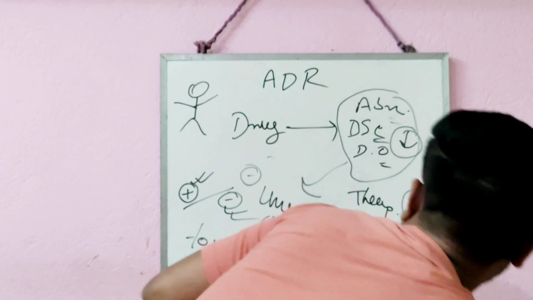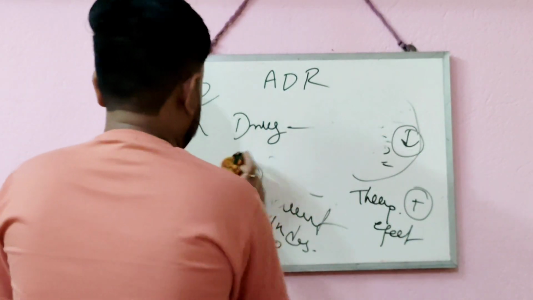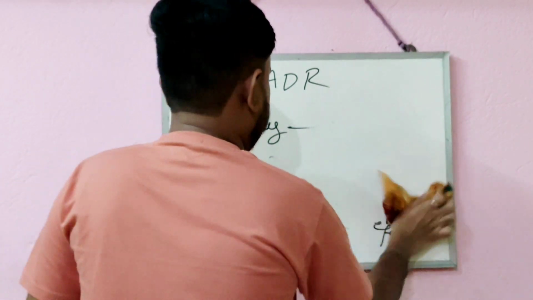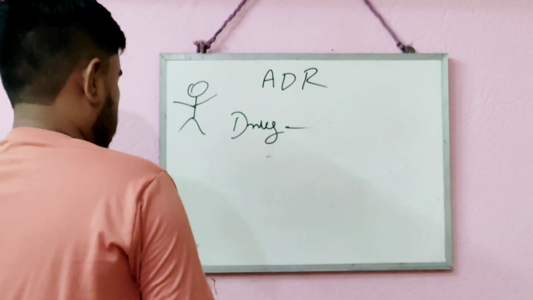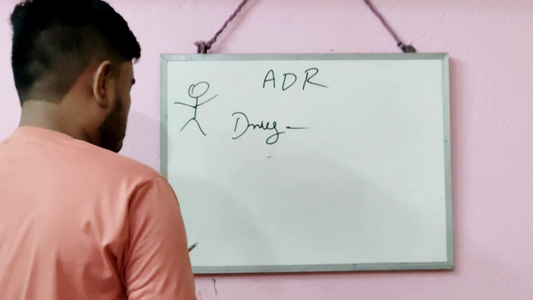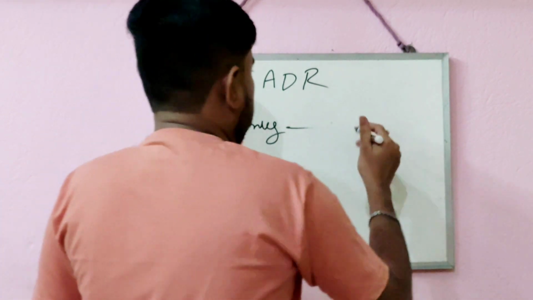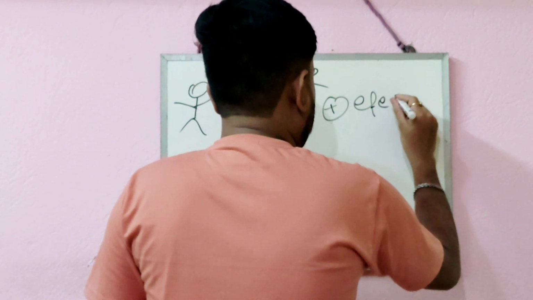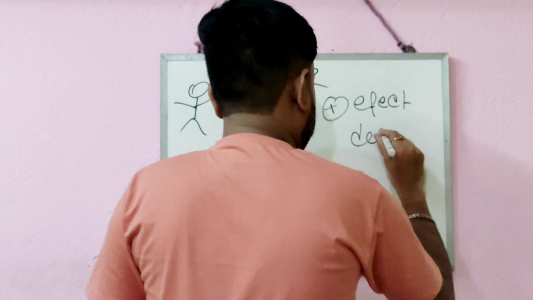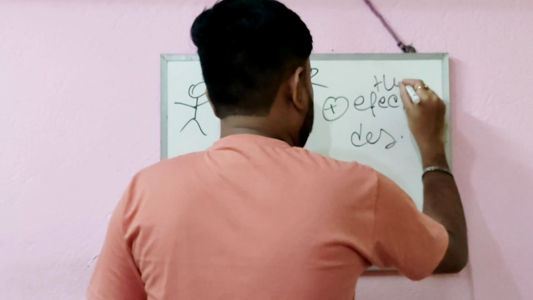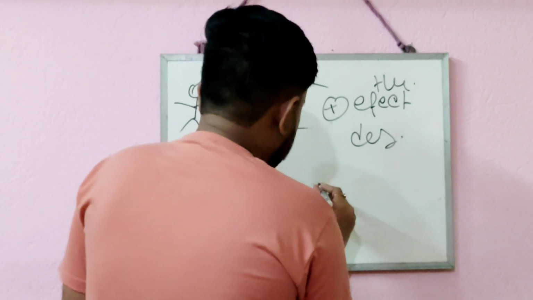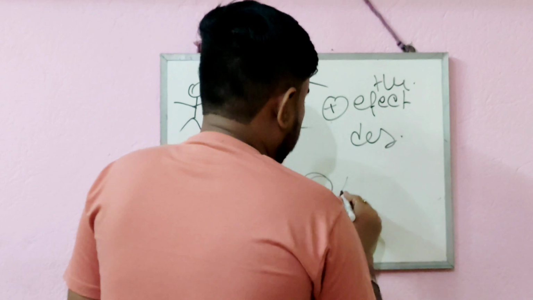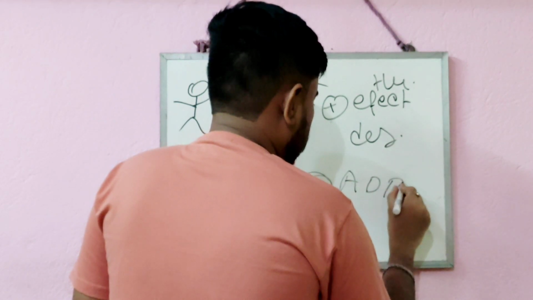So like everything, a drug also has a positive and a negative part. Most drugs have the positive part that we call the therapeutic effect or desired effect. And the negative effect is called adverse drug reaction.